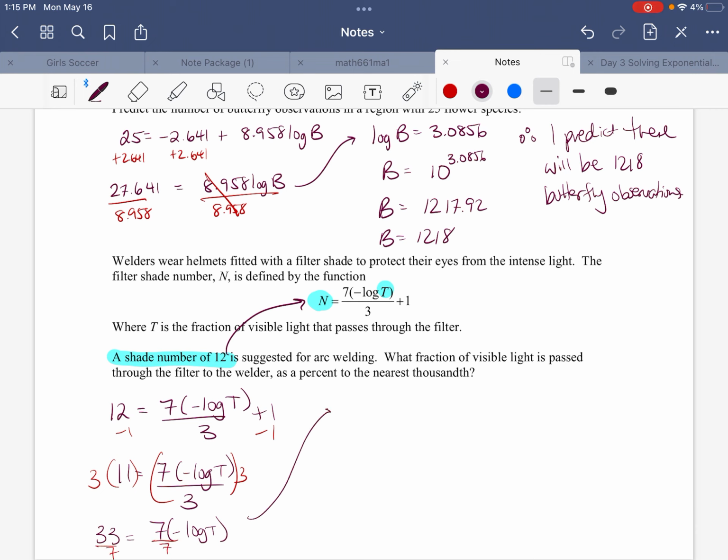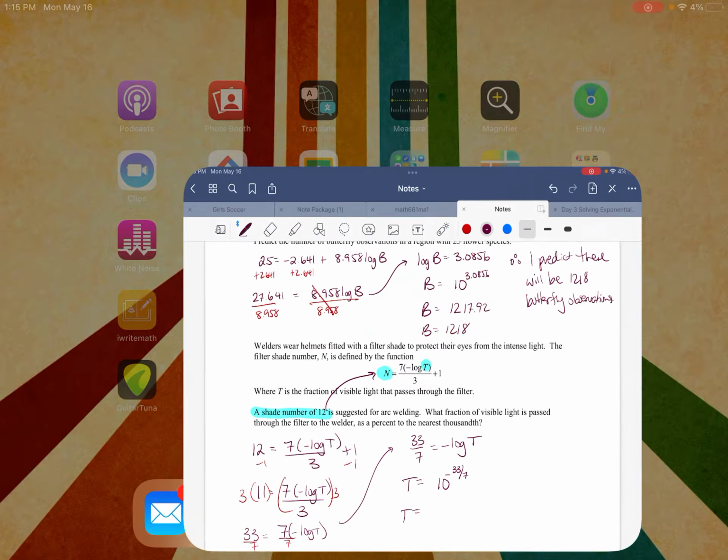We're running out of room here. All right, so far we've got 33 over 7 is equal to negative log of t. All right, changing this to exponential form, we get t is equal to 10 to the negative 33 over 7. So t ends up being 10 to the negative 33 over 7.